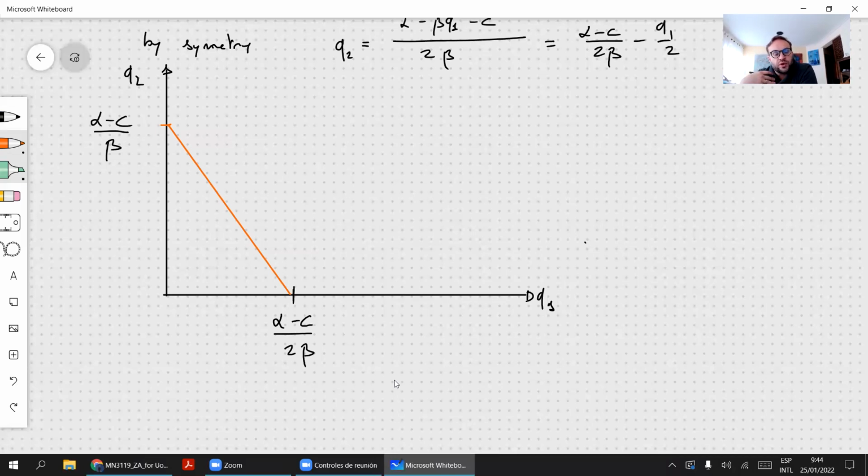What happens if the other firm does more than that? What happens if firm 2 does more than alpha minus c divided by beta? What is my best response? What should happen in this sector?